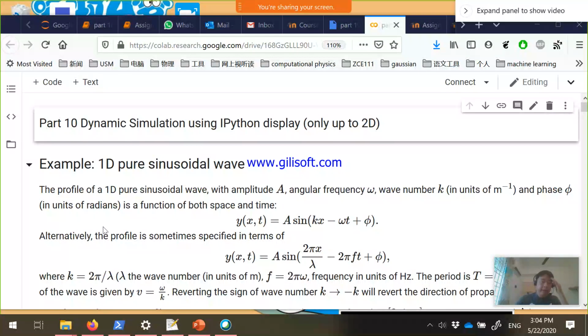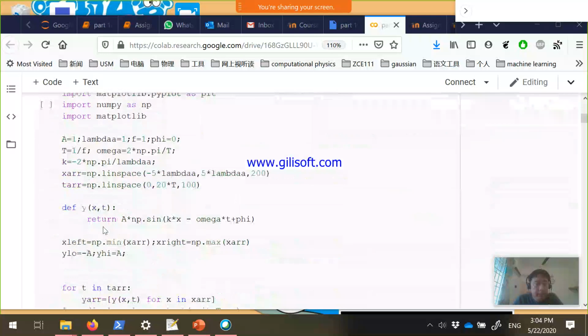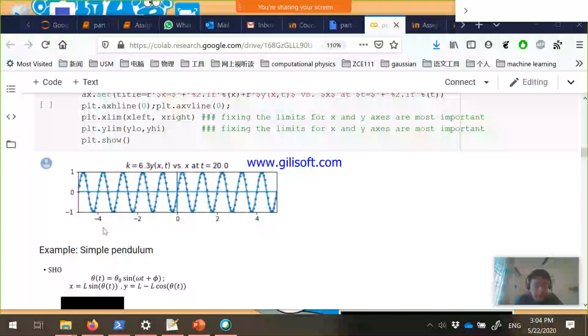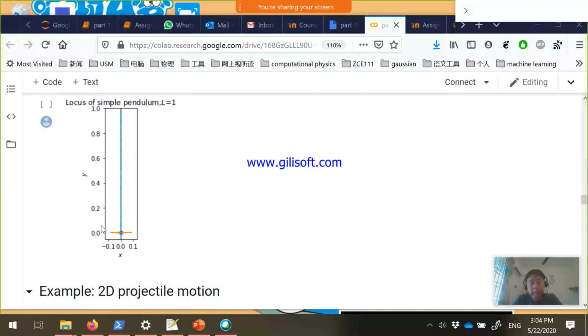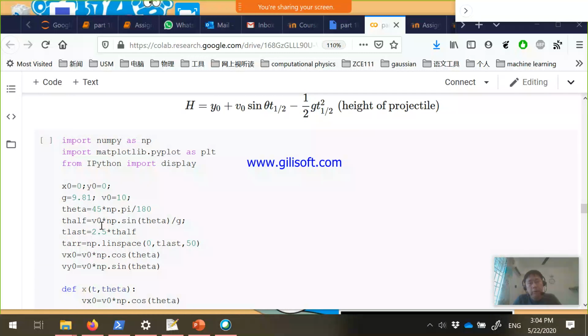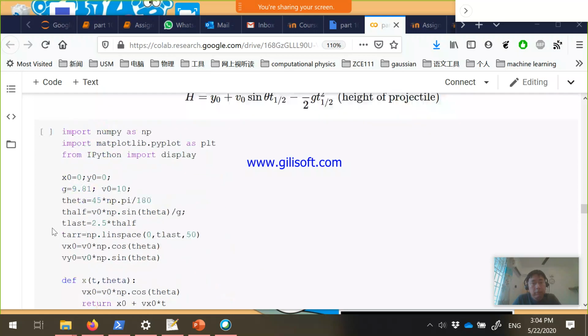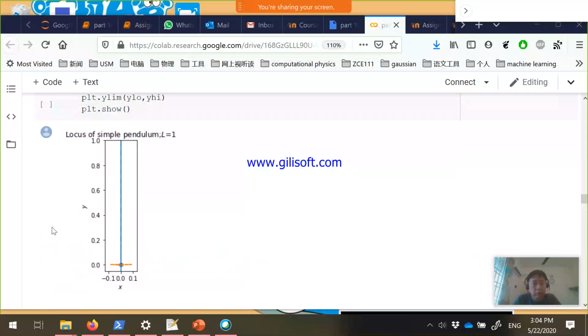There are a few simulations I want to show you: first example, second example, third example. The idea is to show you a simple way to simulate the evolution of a physical system that evolves under a physical law. For example, we have a pendulum.